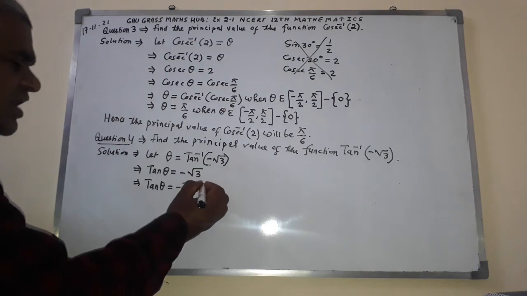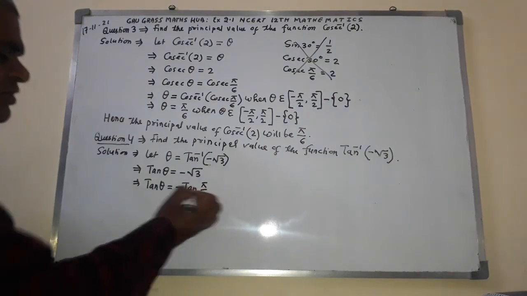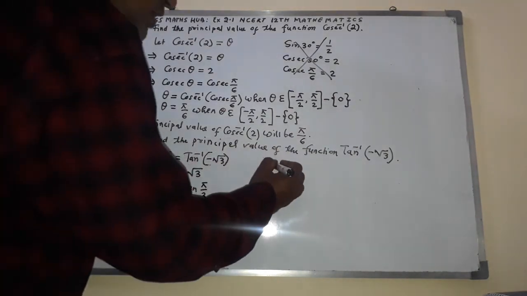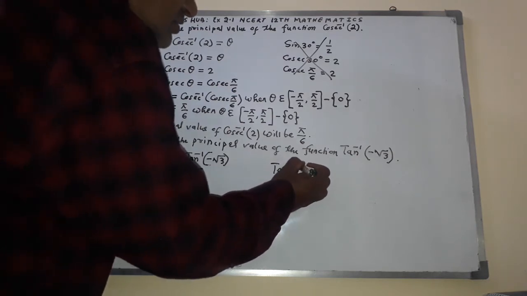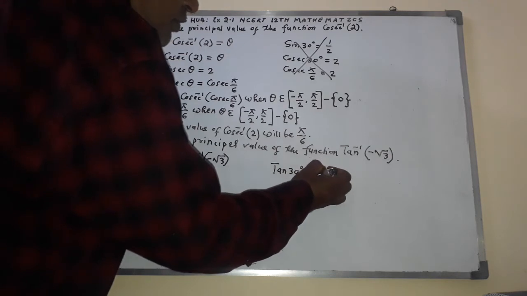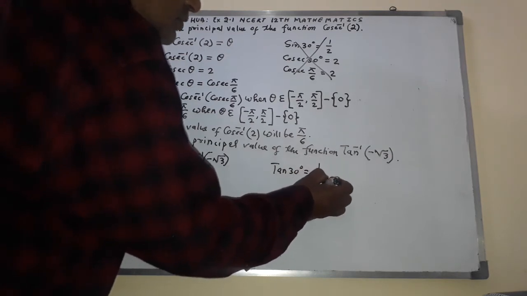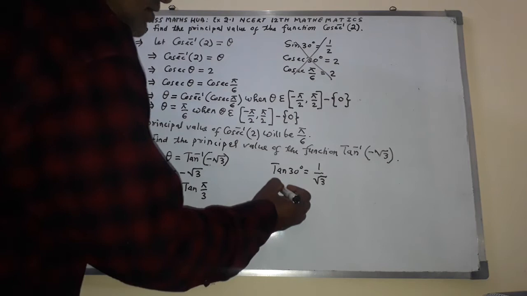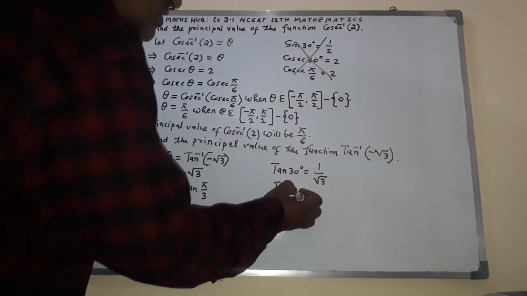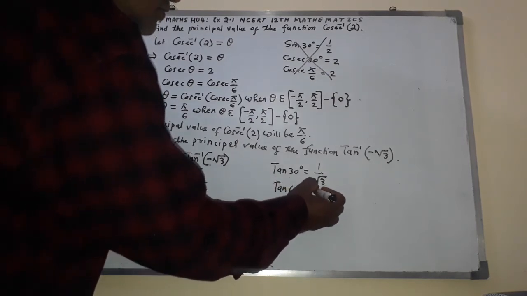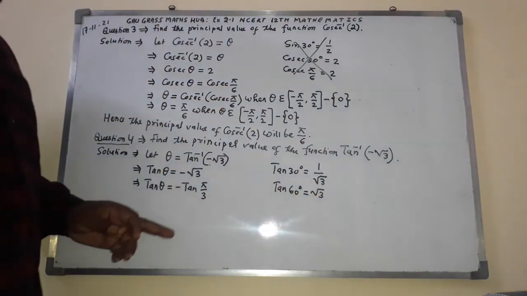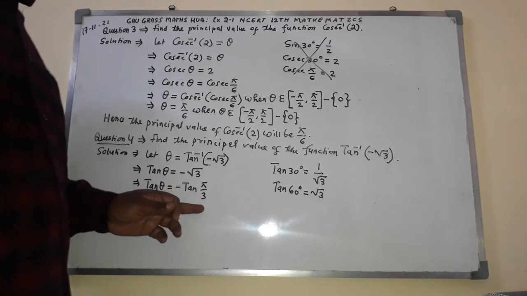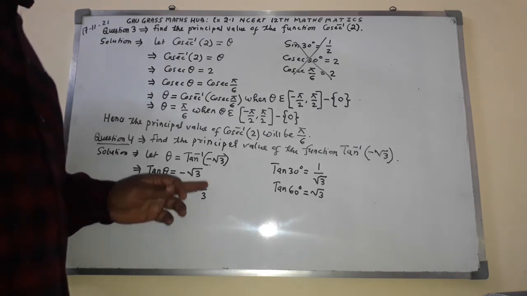So here I shall write pi by 3 because we know that tan 30 degree equal to 1 over under root 3 and tan 60 degree equal to under root 3. On the same pattern, pi by 3 means 180 divided by 3 comes out to be 60 degree.